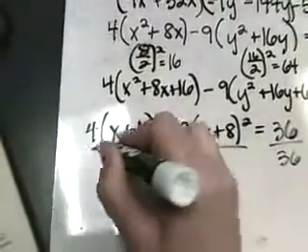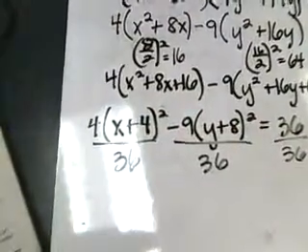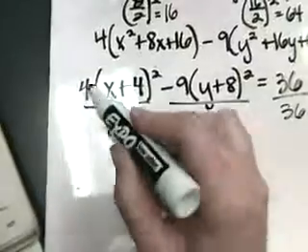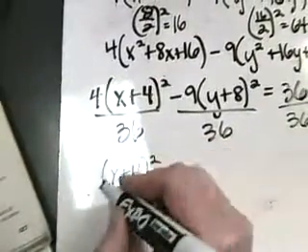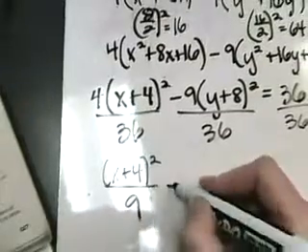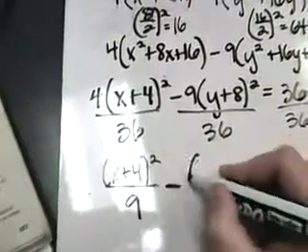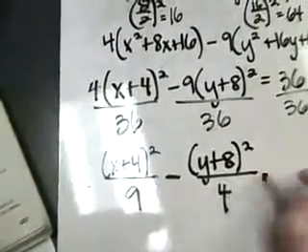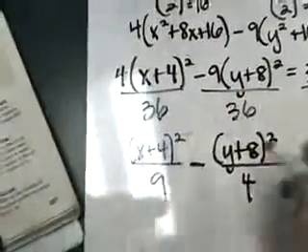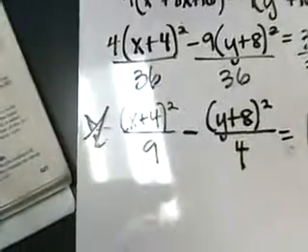Remember, everybody gets divided by 36. Now just reduce those fractions. That would be 1/9. This would be 1/4. And this would be 1. Now I'm in standard form.